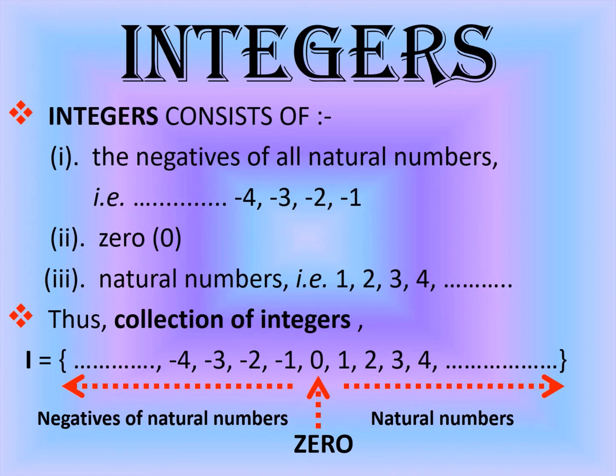Integers consist of the negatives of all natural numbers, that is -1, -2, -3, -4 and so on.